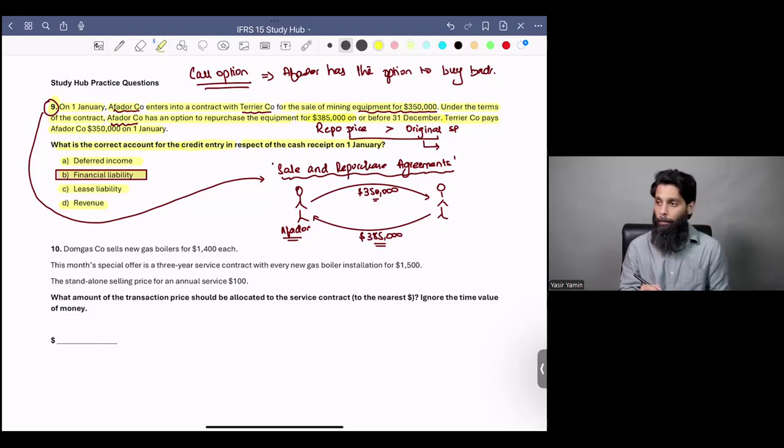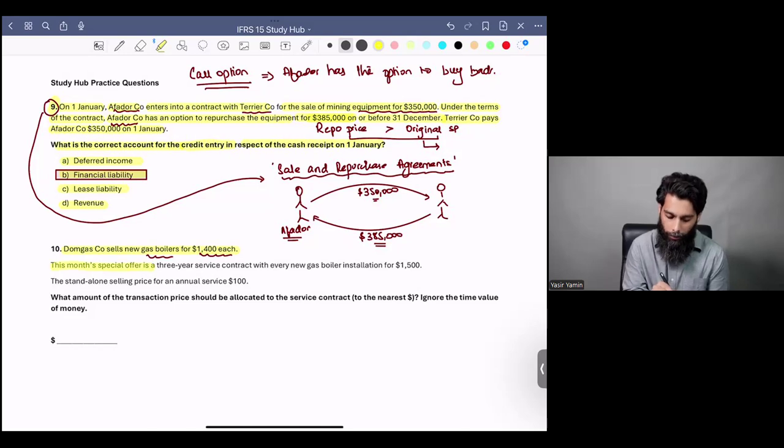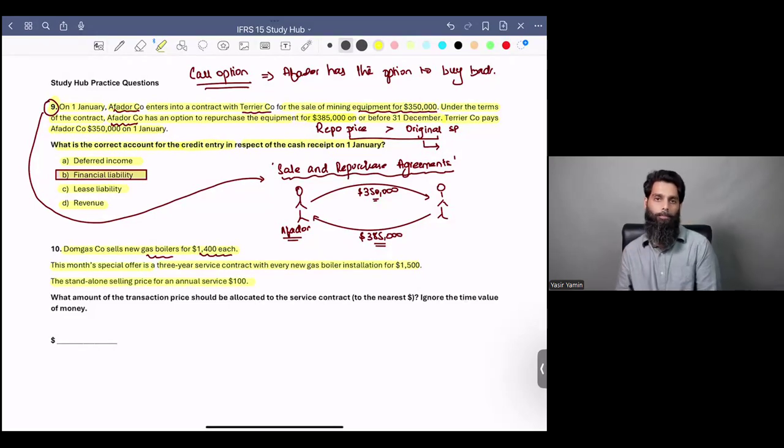All right, question number 10. Domgas sells new gas boilers for $1,400 each. Domgas is a company. This month's special offer is a 3-year service contract with a new gas boiler installation for $1,500. The standalone price for an annual service is $100.